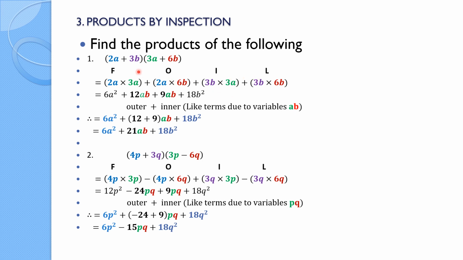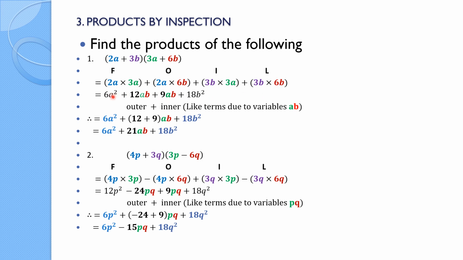Then last, positive 3b times positive 6b. Alright, so 2 times 3 gives me 6a squared. 2 times 6 there would give me 12ab. 3b times 3a would give me 9ab. And 3 times 6 would then give me 18. And b times b is b squared.